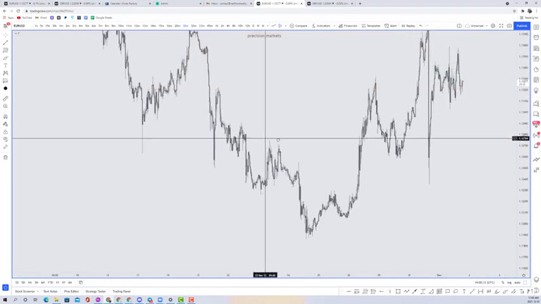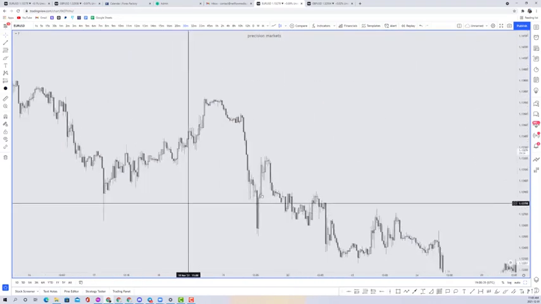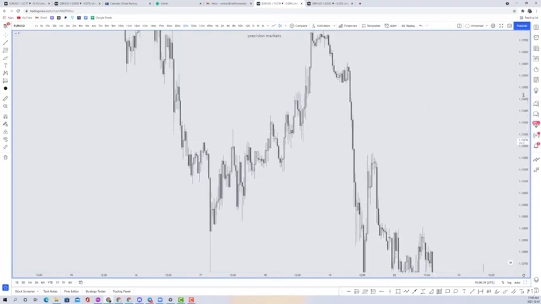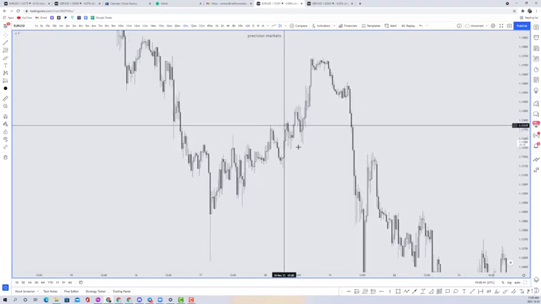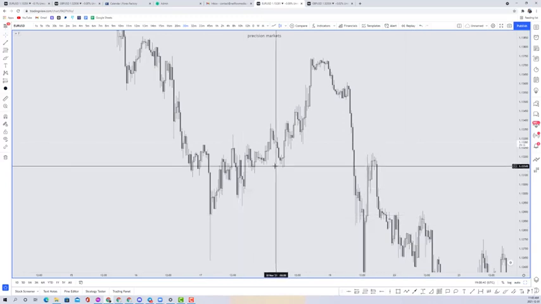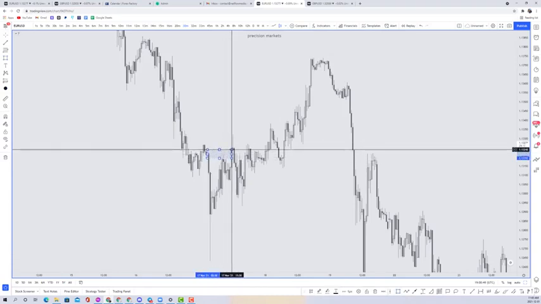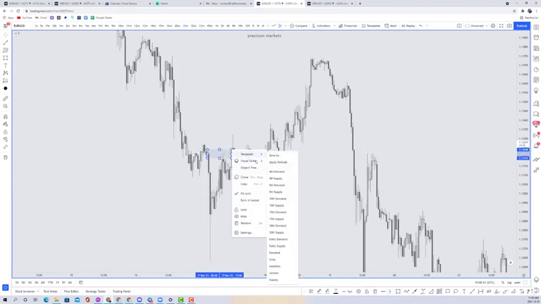And this is where you can have multiple POIs and you don't know what to do with it sometimes. So I believe this was last week. So same thing here. We had a sort of a supply zone here. 15 supply.